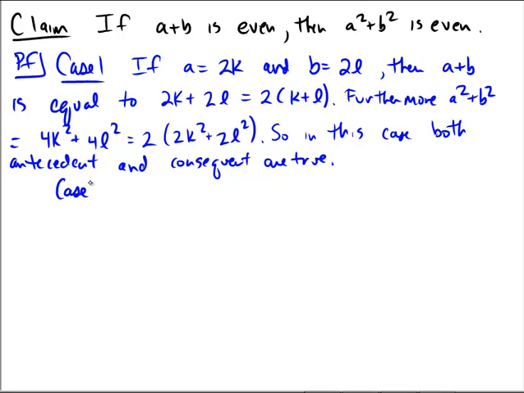Case 2, we already know where we're going. In fact, I'll say similarly, so that my reader knows that essentially I'm going to be saying almost the same thing here.